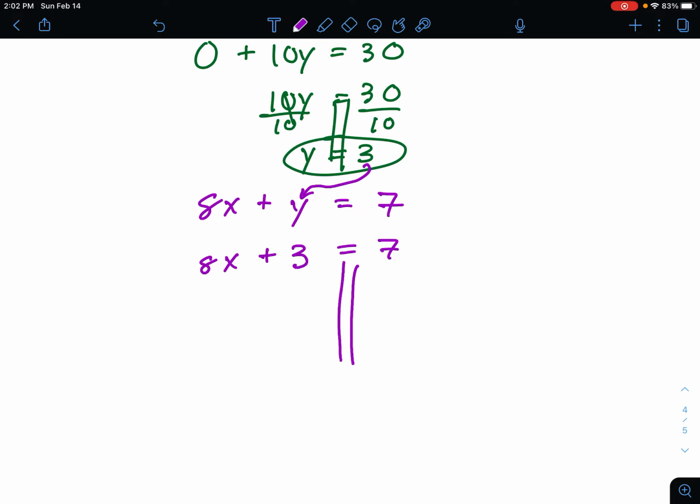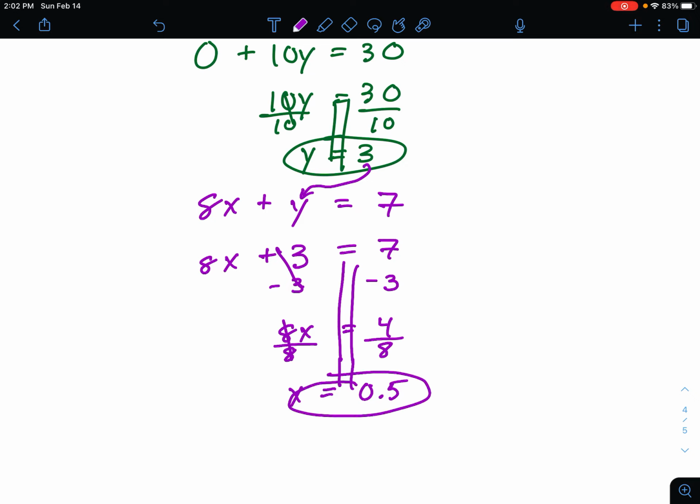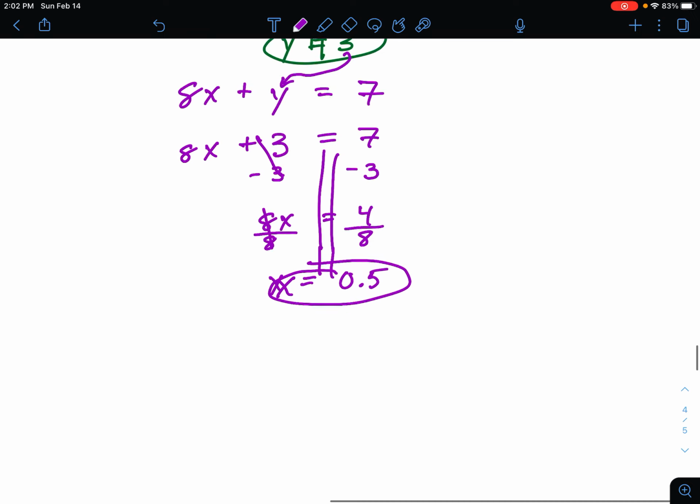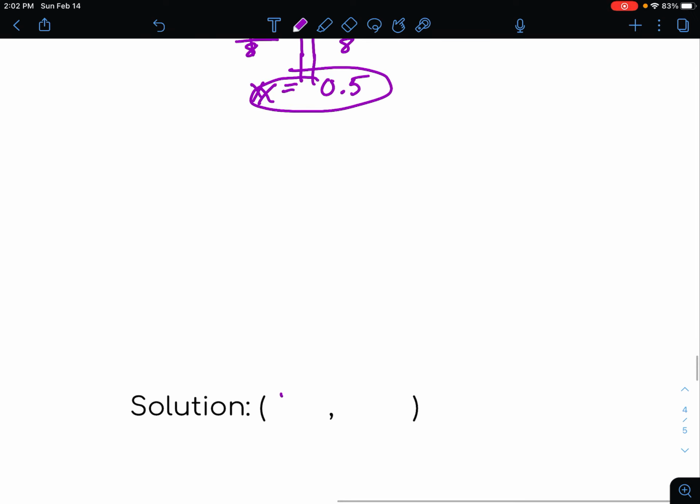And now we have a two-step solving here. Let's undo the adding of 3. I'm going to try to get x by itself by taking 8x is equal to 4. 7 minus 3 is 4. And then we'll undo 8 times x. So we'll undo the multiplication by dividing both sides by 8. 4 divided by 8 is 1/2, or 0.5. So x is equal to 0.5 and y is equal to 3.